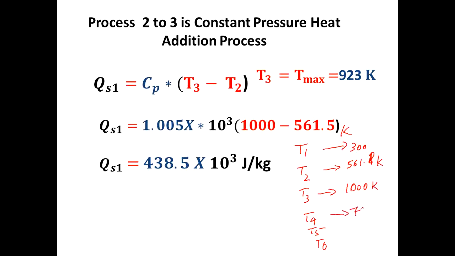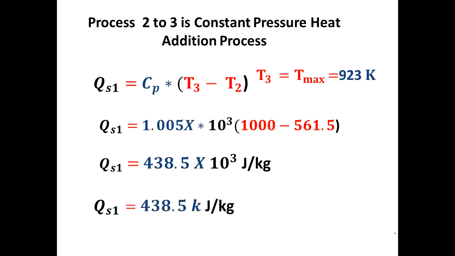T4 you got 731.2 Kelvin. T5 again is raised to the same temperature, 1000 Kelvin. Then last but not the least, 731.2 Kelvin. QS1 is equal to 438.5 kilojoules per kg.